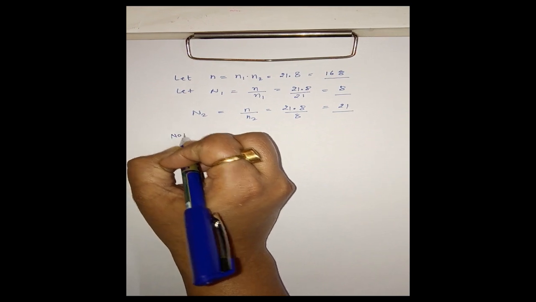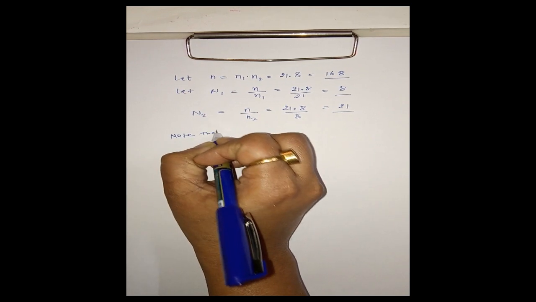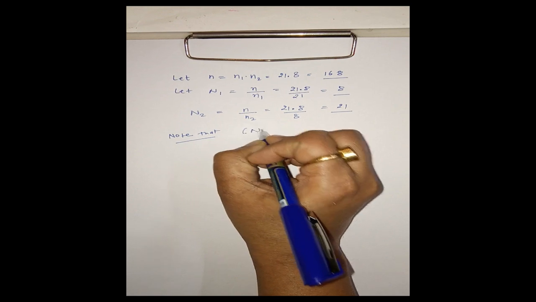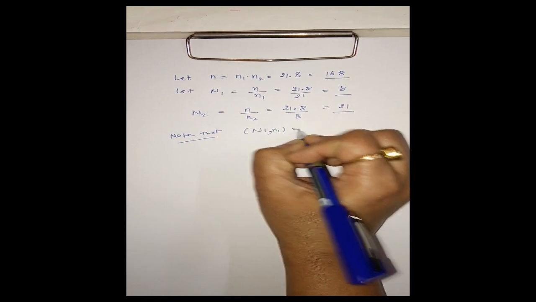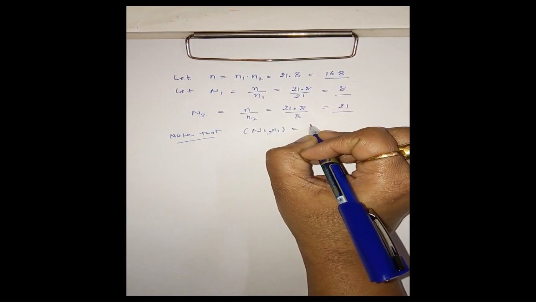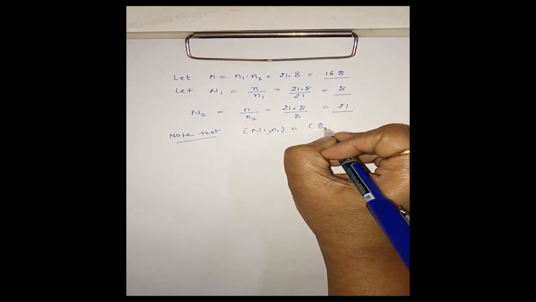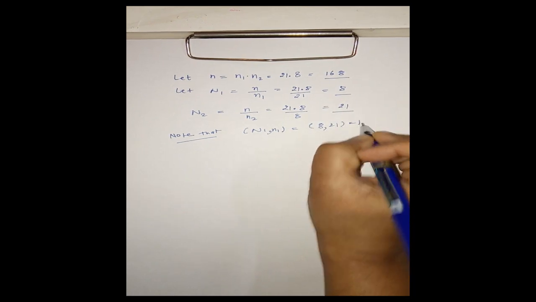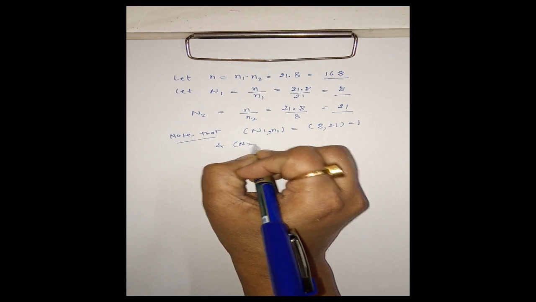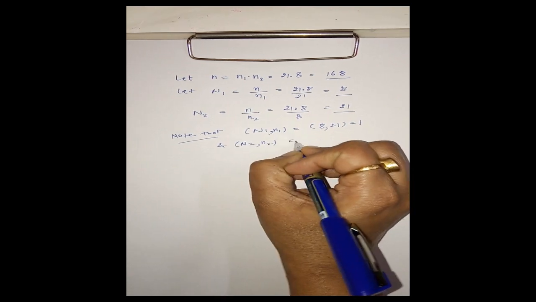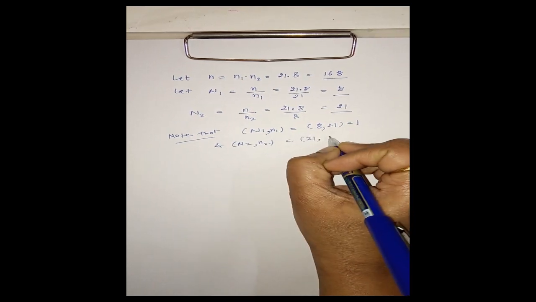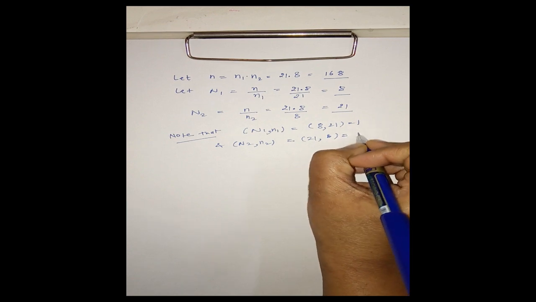Note that the GCD of N1 and small n1, that is 8 and 21, is 1, and the GCD of N2 and small n2, that is 21 and 8, is 1.